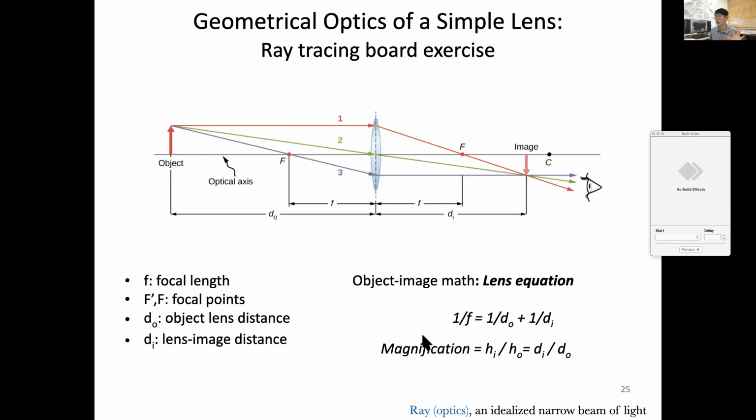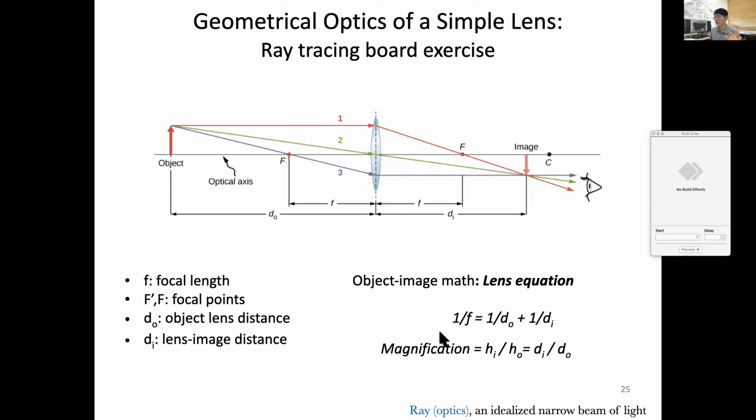So the height ratio will be the magnification from the geometry. You can follow this triangle versus this one. So the ratio of H sub I to H sub O will be the same as the ratio of d sub I to d sub O. So that is magnification.